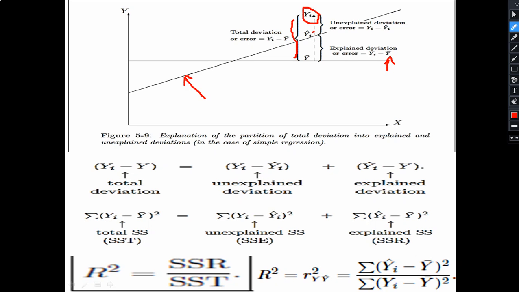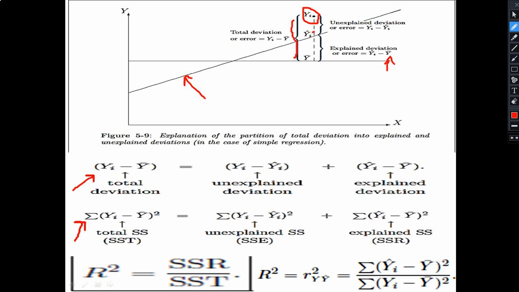When we take the sum of squares of this formula, we find the summation of yi minus y bar squared equal to the summation of yi minus y hat squared plus the summation of y hat minus y bar squared.